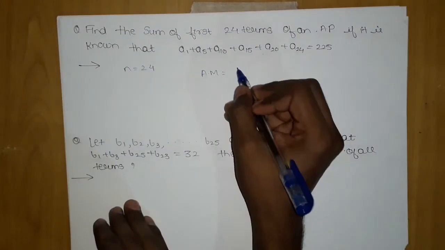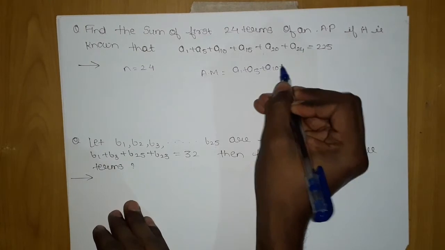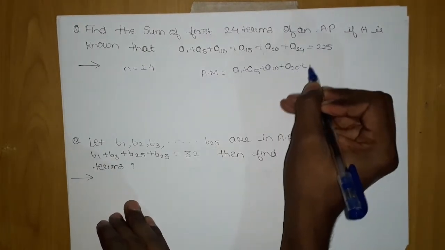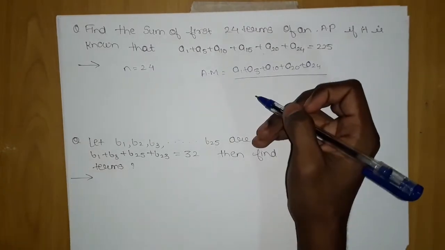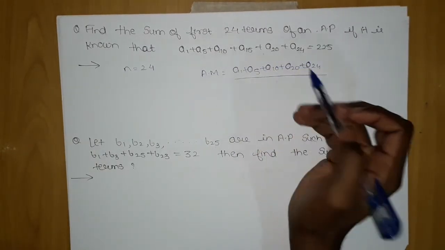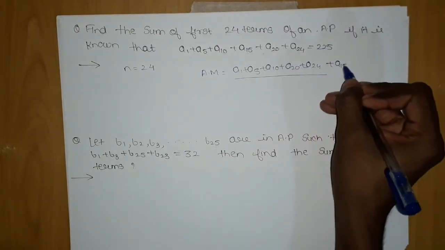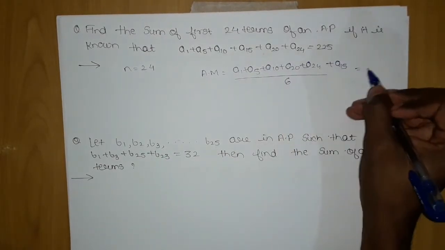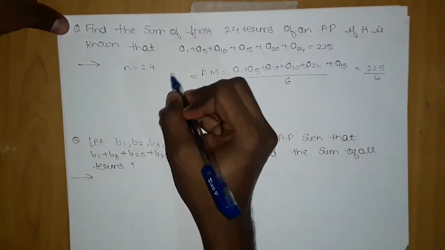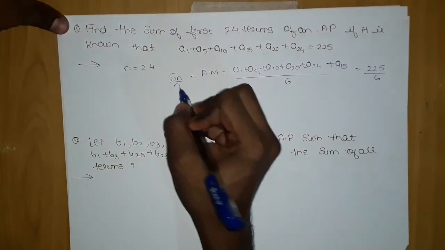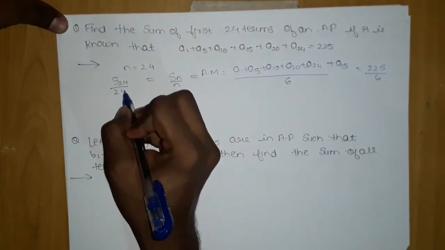So AM is easy. If I take all these terms, a1, a5, a10, plus a15, a20, a24, divide by the number of terms. How many terms do I have? 3, 4, 5, 6. Divide by 6, which is nothing but 225 divided by 6. Now AM is also equal to Sn by n, and Sn is S24, the sum of 24 terms we need, and here n is 24.